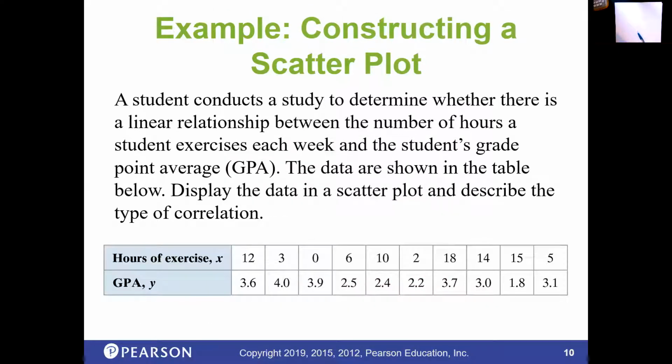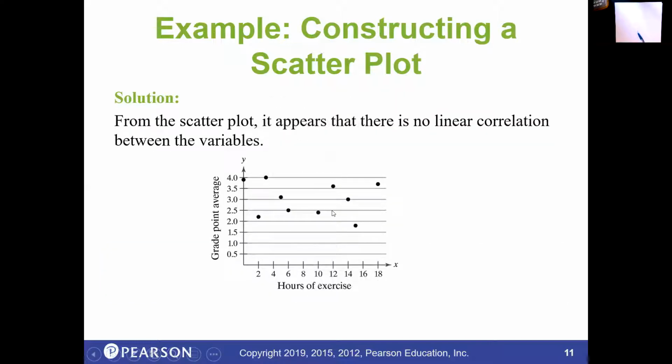Here's another example. We're looking at hours of exercise and GPA. We're interested if there's a connection between the number of hours someone exercises and how well they perform in school. This is a good place to start if you're doing a study like this: you see if there appears to be some kind of relationship.